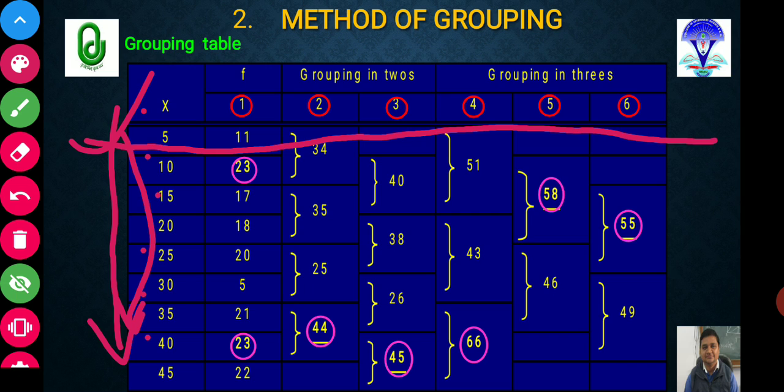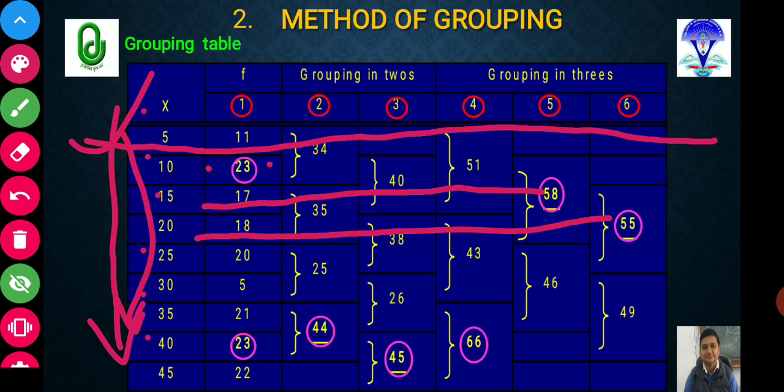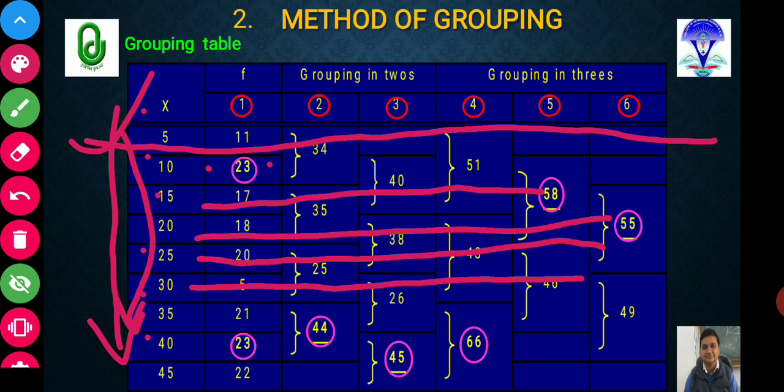But in the second row, the maximum value is 23. In the third row it is 58. In the fourth row it is 55. In the fifth row, that is 25, there is no value, again it is 55. In the sixth row, I think no value is associated.